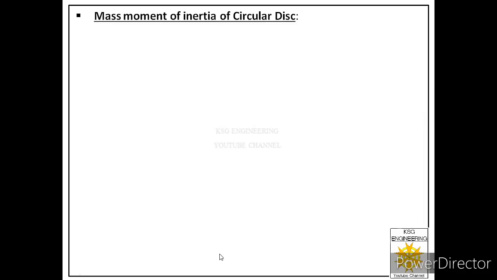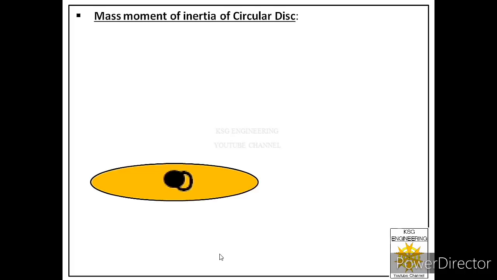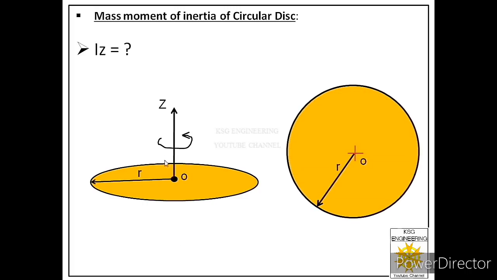Now we will discuss how we can derive the equation for mass moment of inertia of a circular disk. So let us assume that this is a disk, and this is the centroid of the disk, and let us say the radius of the disk is r units, and we want to find the mass moment of inertia of this circular disk about, let us say, the z axis, which is normal to its plane.